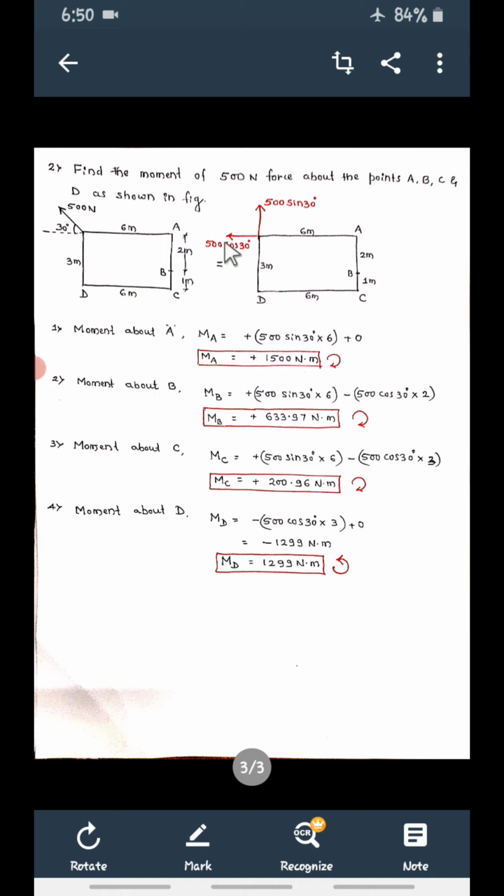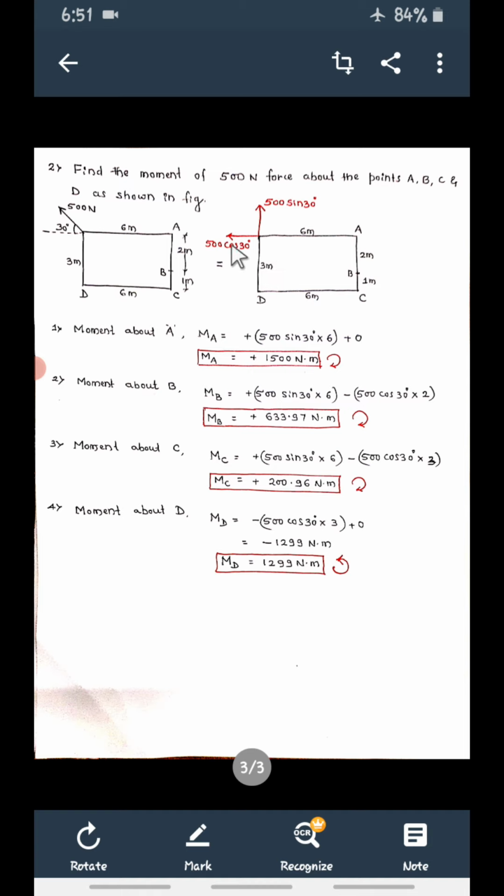Now what is the moment of the other force about A? Force is 500 cos 30. What is the perpendicular distance between A and this force? 0, because this is passing through A, so there is no perpendicular distance. So 500 cos 30 into 0 is 0.